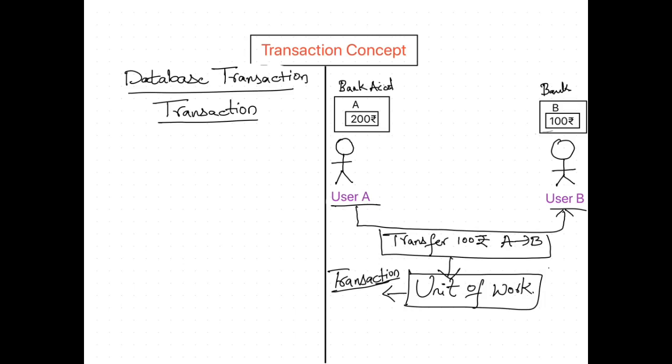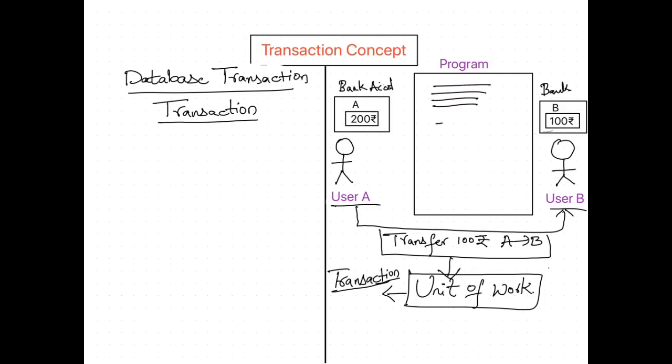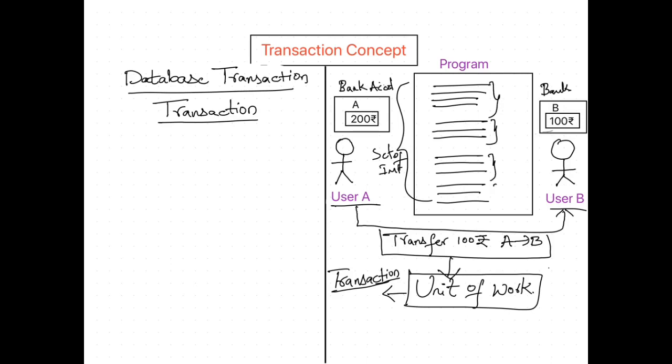From the database system point of view, what is actually a transaction? We'll see now. From the point of view of the database system, a transaction is a program which consists of a set of instructions, and these set of instructions form a set of operations.